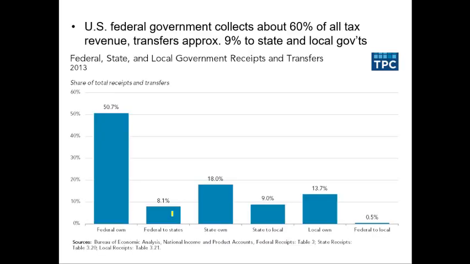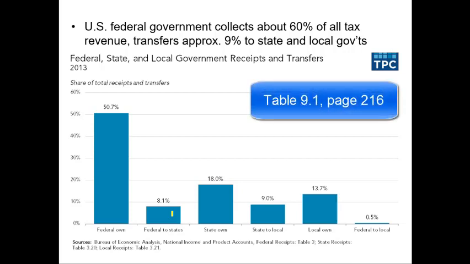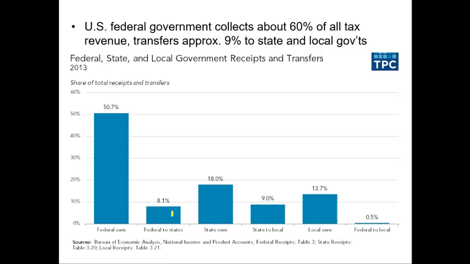Now, the United States is an interesting hybrid. You can see in the book there is a chart that talks about the percentage of revenue collected by different levels of government. The United States, for example, perhaps because of this federal system, has the federal government collecting about 60% of all tax revenue and then transferring about 9% of that back down to the state and local governments.